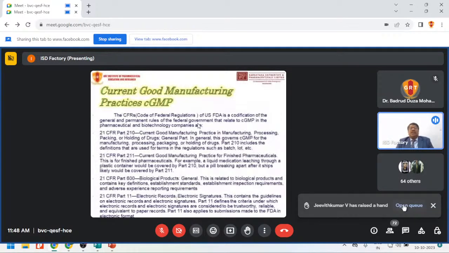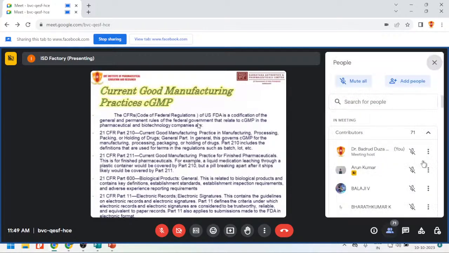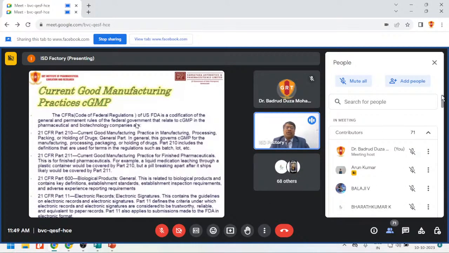Now the trend has changed. All the documentation and verifications, when we are manufacturing in the pharmaceutical industry, are handled with electronic media and electronic signatures.